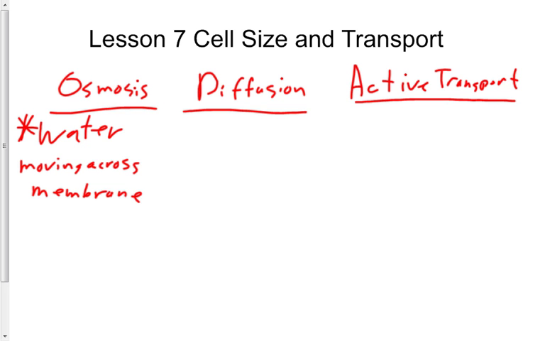And what's it trying to balance? Right, you bet. We'll say solutes, because that's probably more accurate than saying salt. It's usually an ionic compound, but it's to balance solute concentrations.